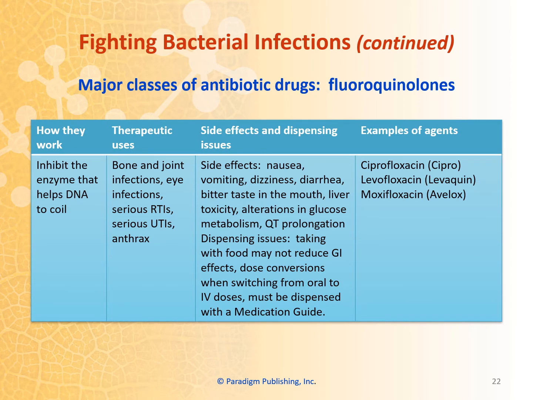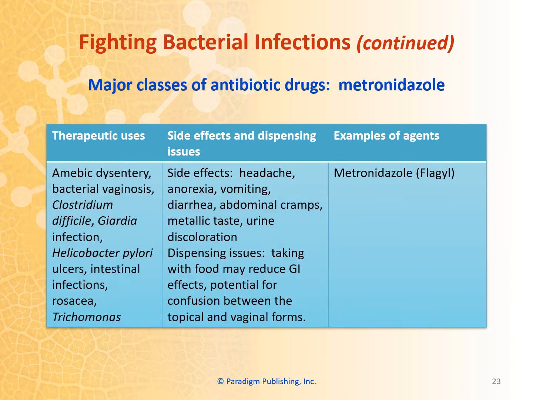Fluoroquinolones. They kill bacteria by inhibiting the enzyme that helps DNA to coil. If the DNA can't coil, it's rendered useless and the cell dies because it can't function. Quinolones have strong rapid bactericidal activity against gram-negative bacteria and some gram-positive bacteria. They're usually used to treat bone and joint infections, eye infections, UTIs, or anthrax.